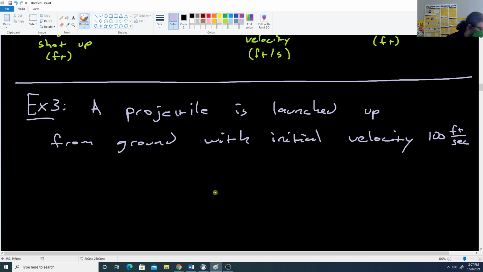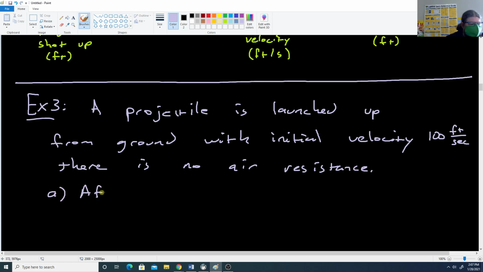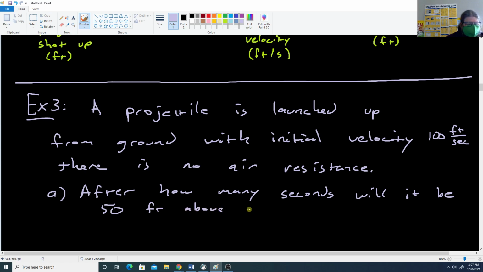We're neglecting air resistance, so there is no air resistance. Part A, we want to find after how many seconds will it be 50 feet above the ground? And part B will be when does it return to the ground?